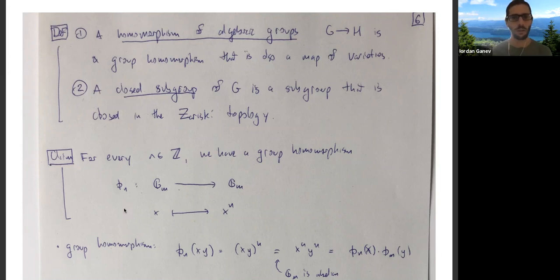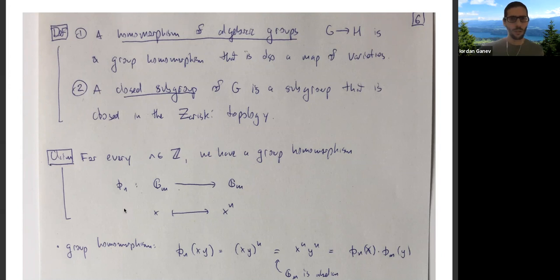So the product of two elements in G goes to the product of the corresponding images in H. And it's also a morphism of varieties, a map of varieties like we talked about last time. Also, when we say that something is a closed subgroup of G, it means that it's a subgroup, first of all, but also closed refers to the Zariski topology. So a closed subgroup of G will be a subgroup that's closed in the Zariski topology.